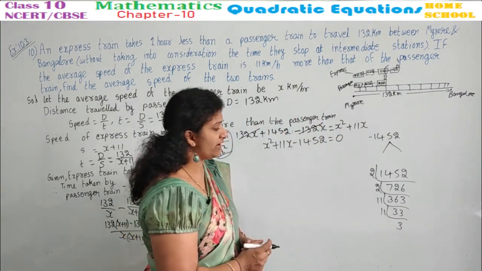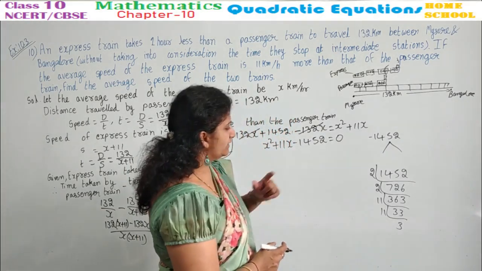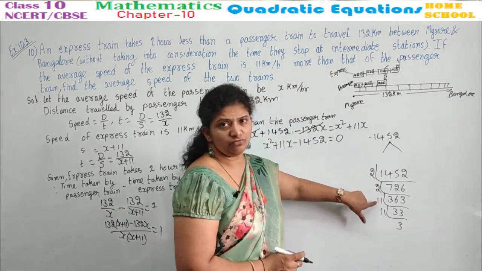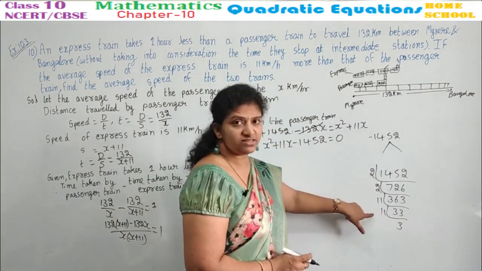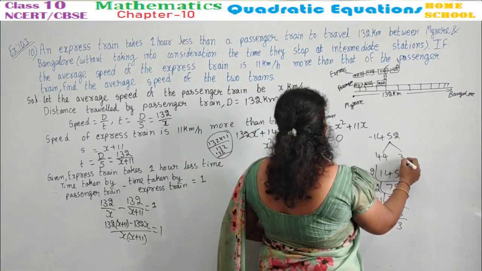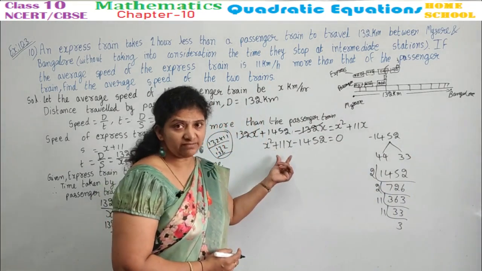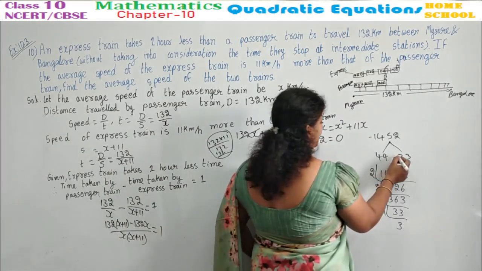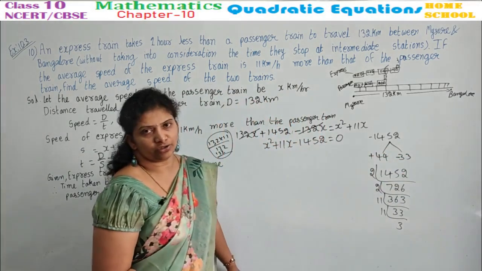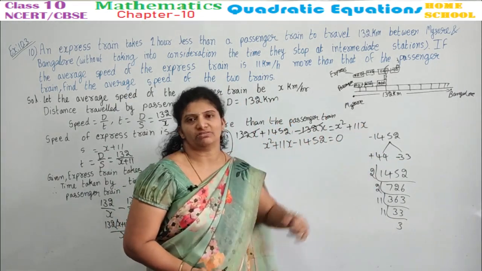How can I find factors here, children? You should take it in such a way that 2 twos are 4, 4 elevens are 44, and 3 elevens are 33. So with 44 and 33, I feel you should get positive 11. How can you get positive 11? 44 minus 33. You are going to get plus 11, and if you multiply, you get minus 1452.